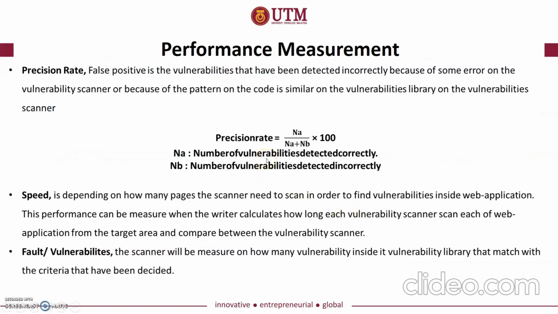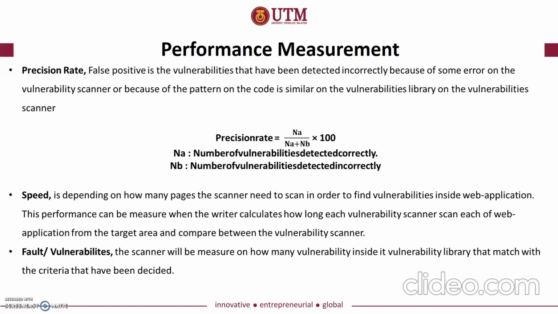For the performance measurement, there are three criteria that will be measured: precision rate, speed, and fault vulnerabilities. The precision rate is calculated as the number of vulnerabilities detected correctly, divided by the number detected correctly plus the number detected incorrectly, or false positives, times 100.